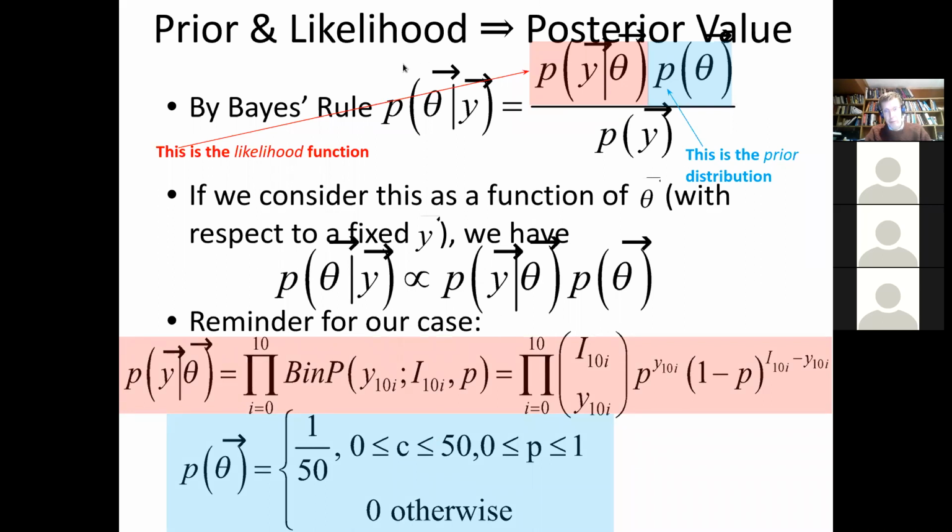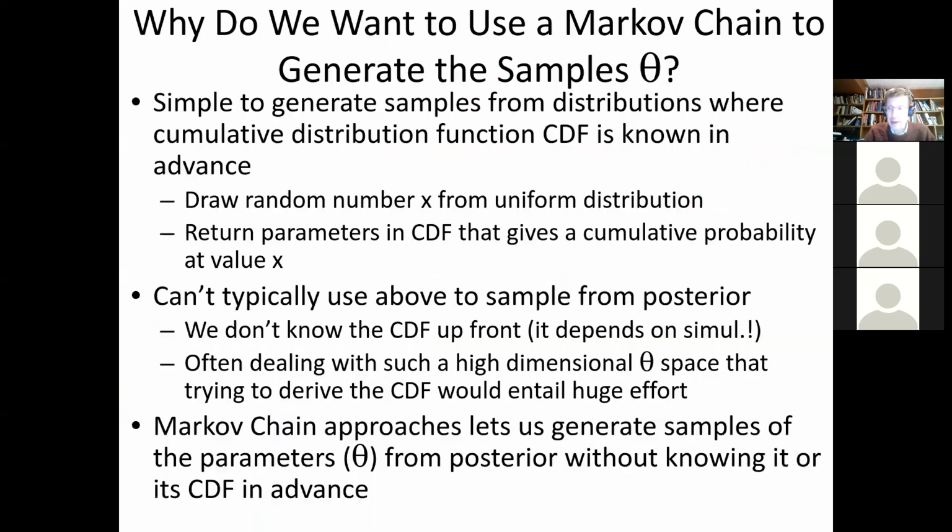So for a given value of theta, we can evaluate something proportional to the posterior distribution. That's what this is. This is the posterior distribution. We can evaluate something proportional to that. That's awesome, because then we can sample from it, and we'll see how that goes.